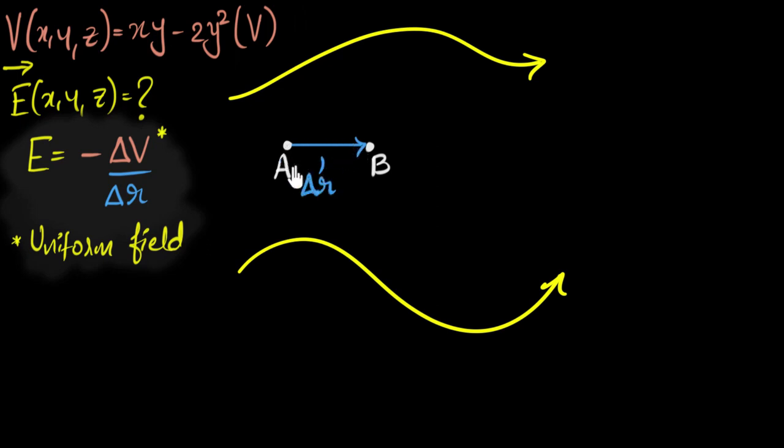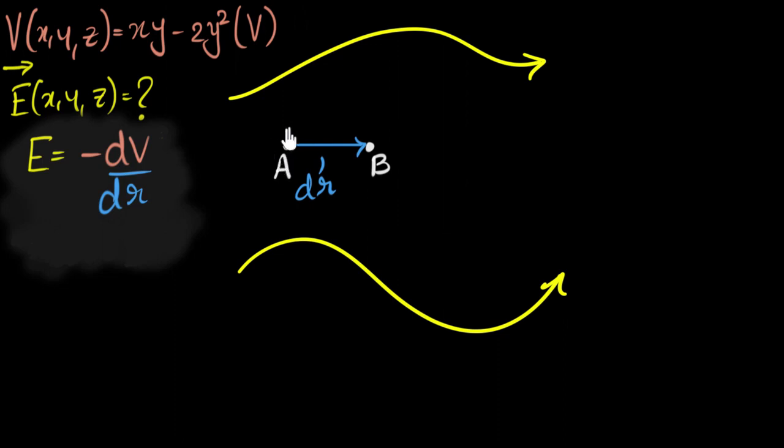In that case, this distance delta R becomes an infinitesimal, and we often write it as dr. And then you calculate how much the potential drops. That will be an infinitesimal drop, and it'll be dV. And then you do a negative dV over dr, and that will give you the electric field at that point. So now, the only change we have to make is dV over dr, and now this will work for any field.